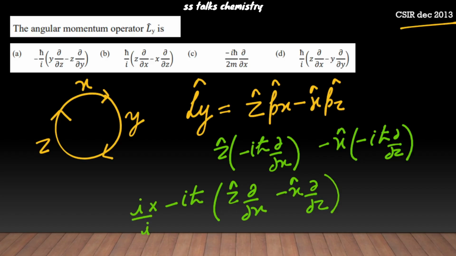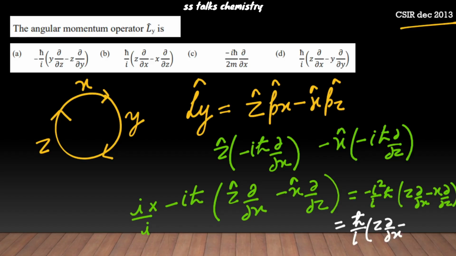So it will become minus iota square upon iota times h cut into z del by del x minus x del by del z of it, right? So now iota square is minus 1, so minus minus will become plus, so it will become h cut upon iota into z del by del x minus x into del by del z. So this is the value of this commutator.